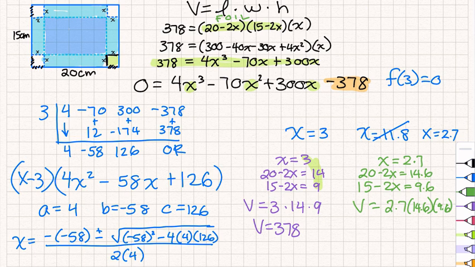Does it work? Yes, it does. It's a little bit bigger because we didn't use exact values. So technically this is the correct answer, but you can use both. The reason why this is a little off is because we rounded some places. So these are the possible dimensions of this box.